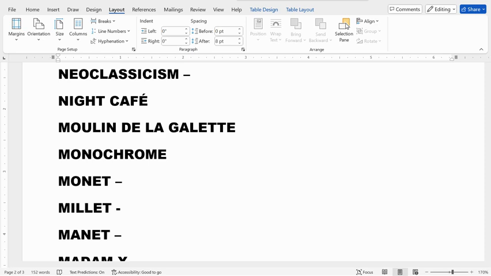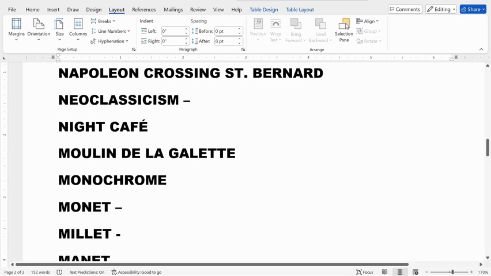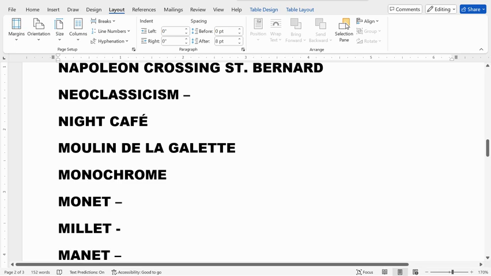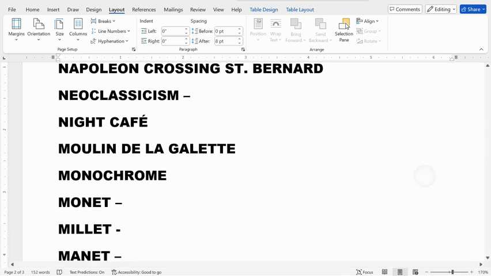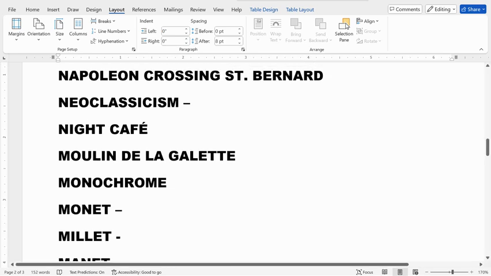So we studied neoclassicism before Napoleon and after Napoleon. What's the difference? Propaganda. Napoleon Crossing the Saint Bernard Pass, I don't know if that's on the slide ID.